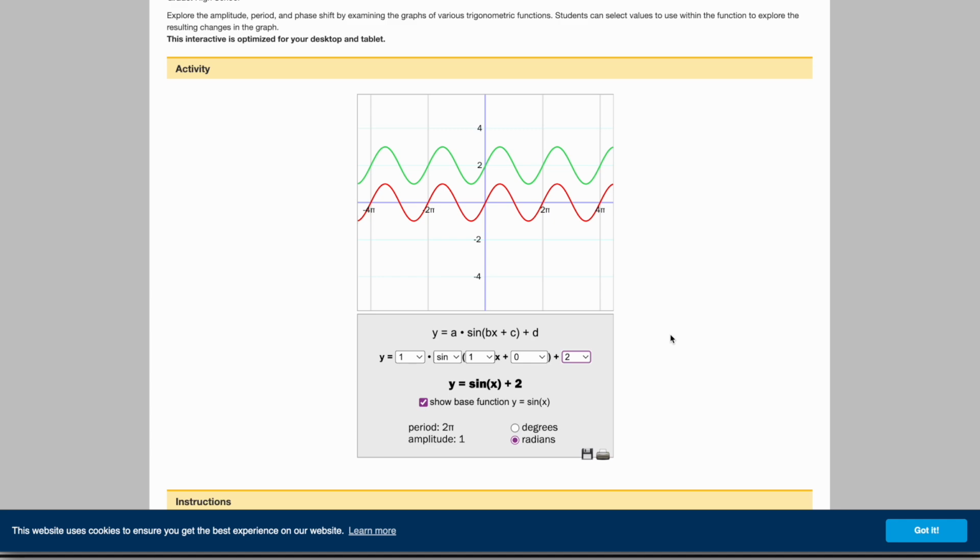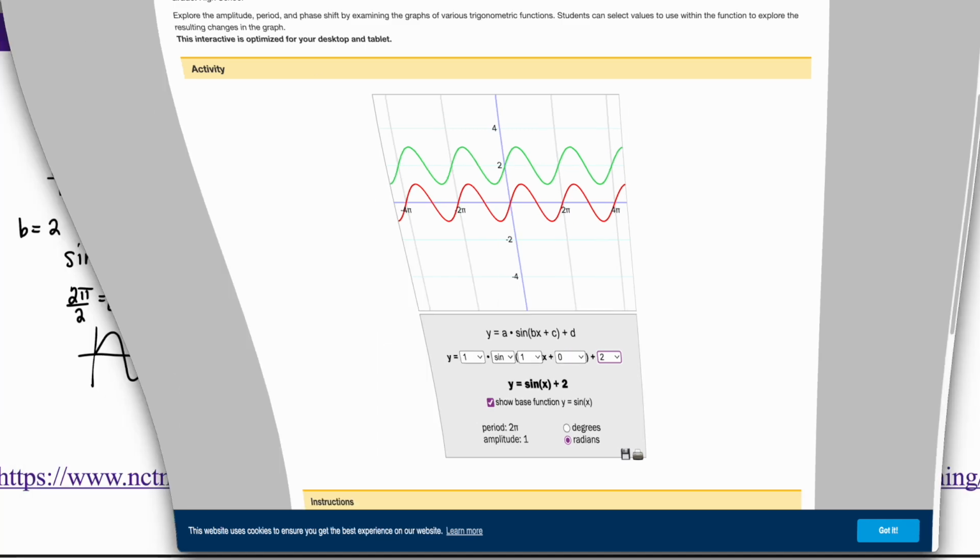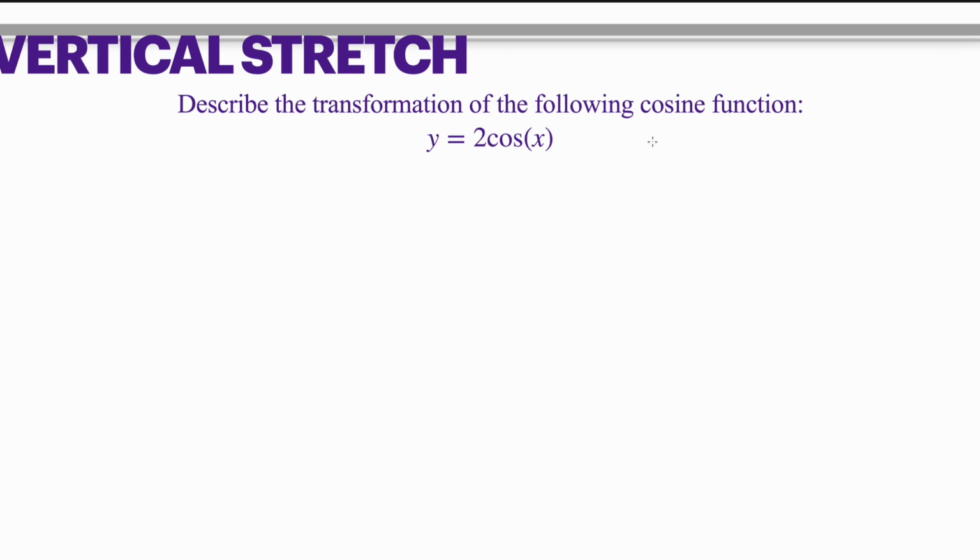Same thing happens with the cosine graph. This is based off of y equals a times cosine of either bx minus c plus d, or the b could be on the outside.